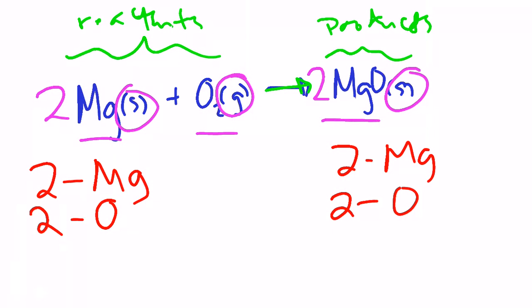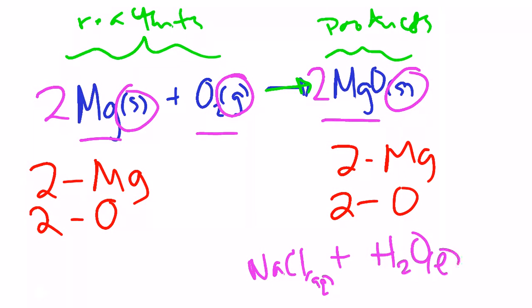So for example, if you put sodium chloride into some water, you would know that the sodium chloride would dissolve, and so we would say that the sodium chloride was aqueous in liquid water.